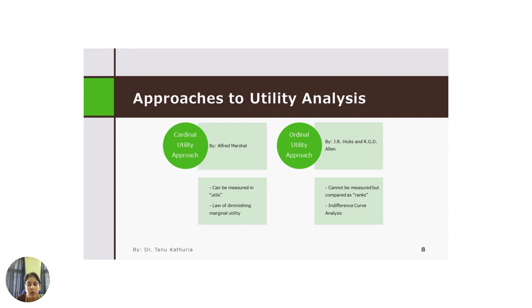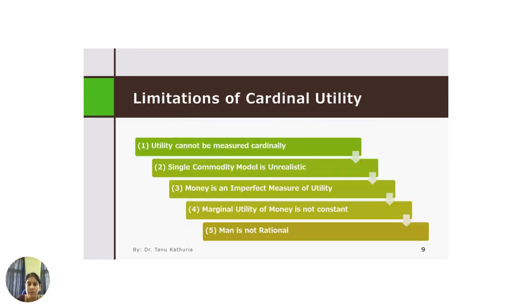Cardinal says yes, we can measure the utility in terms of utils, whereas ordinal says we cannot measure the utility because naturally it is a mental concept. So we usually give ranks. In the cardinal approach, we measure the utility by way of the law of diminishing marginal utility, because I know how much my utility is increasing or diminishing. Whereas in the ordinal approach, we use curves to tell how satisfied or dissatisfied I am.